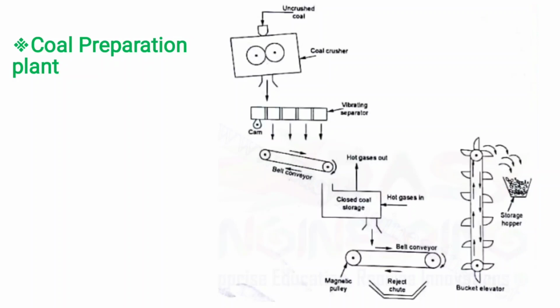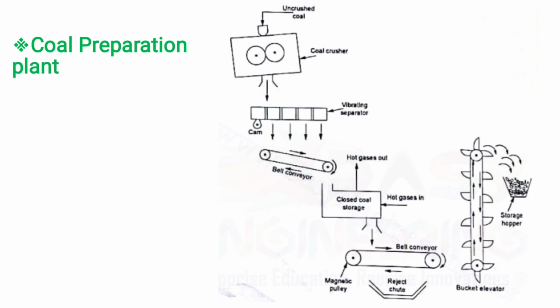Coal preparation. There is uncrushed coal, and the coal crusher, and a vibrating separator for separating the uncrushed and crushed coal, and there is a belt conveyor. You can see in the diagram. The belt conveyor carries the coal into a closed coal storage. Hot gas is going outside and cold gas is coming inside for circulation purposes.